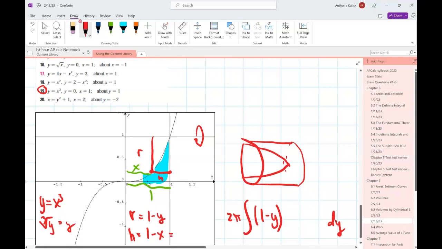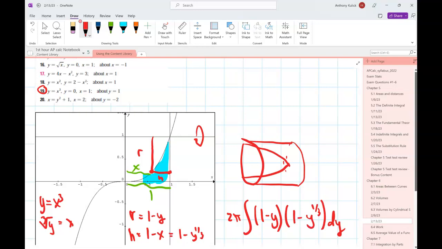Oh, and what are we integrating from? Yeah. And I think that'll do you.